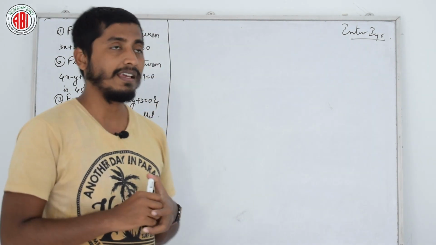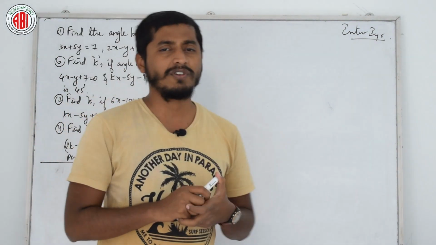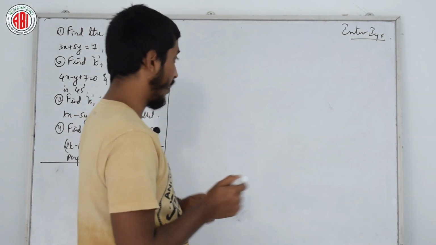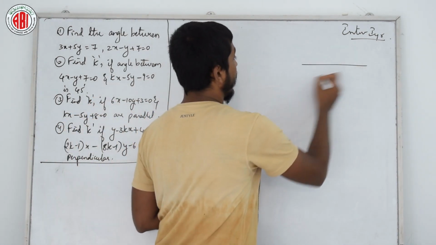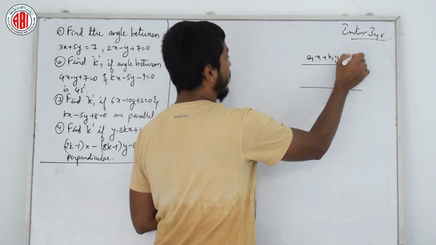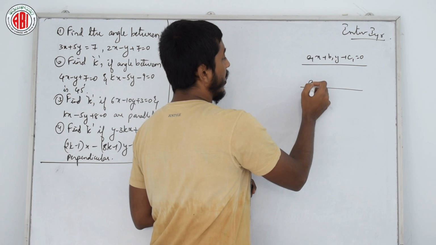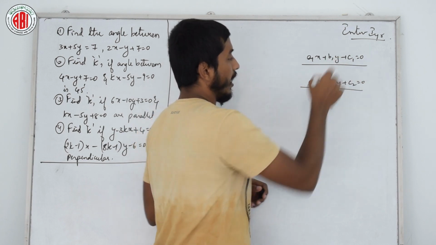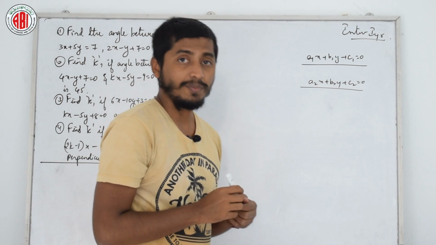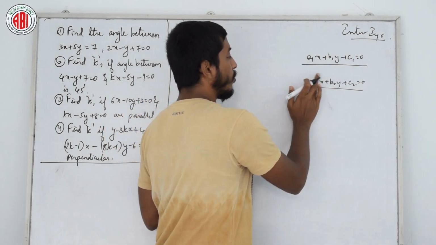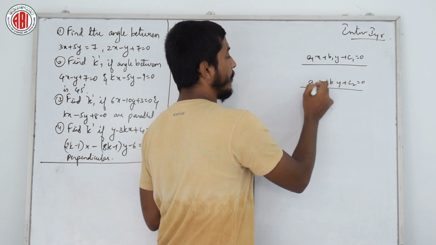Yes, let us also recall what is the condition that two lines are parallel. Hope you remember, if two lines are parallel, that is a1x plus b1y plus c1 is equal to 0, a2x plus b2y plus c2 is equal to 0, then it is mandatory that the coefficients of x and y in both the equations must be the same.